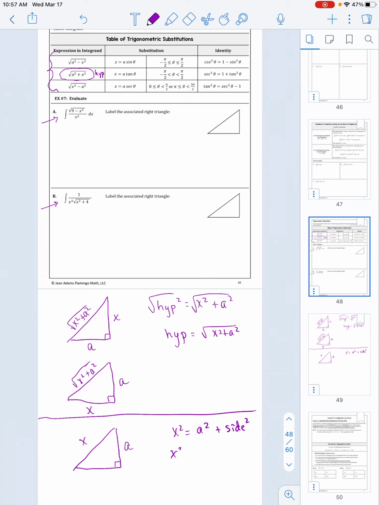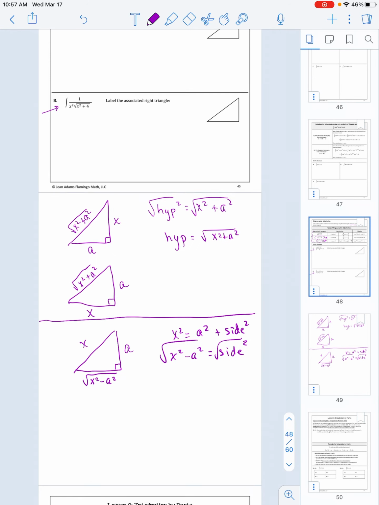And so if I subtracted a squared from both sides and then square rooted, this side becomes the square root of x squared minus a squared. So this x squared minus a squared would be a side on your triangle. And you'll see what I mean a little bit better whenever we get going.